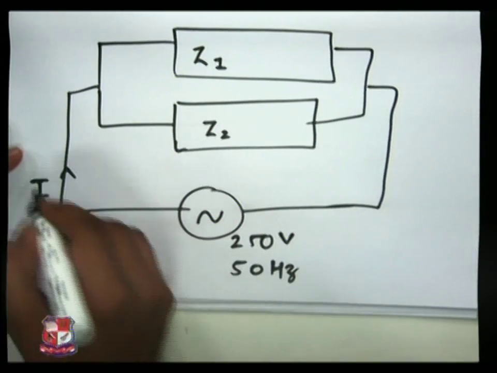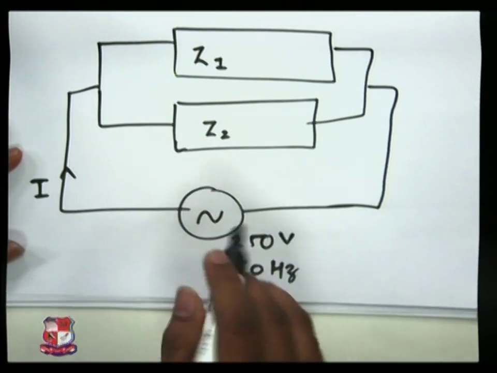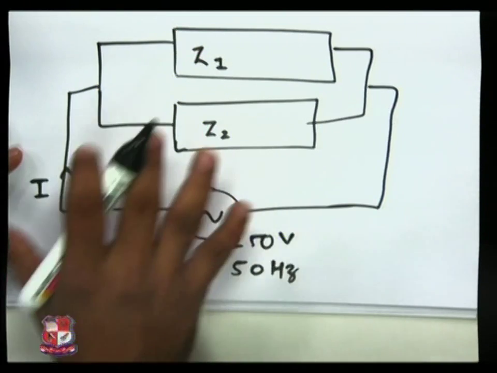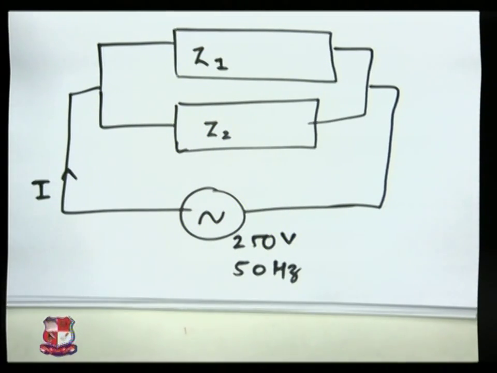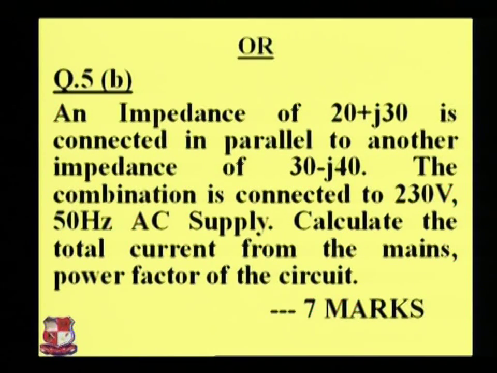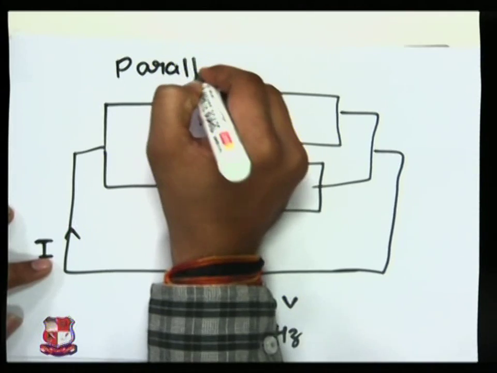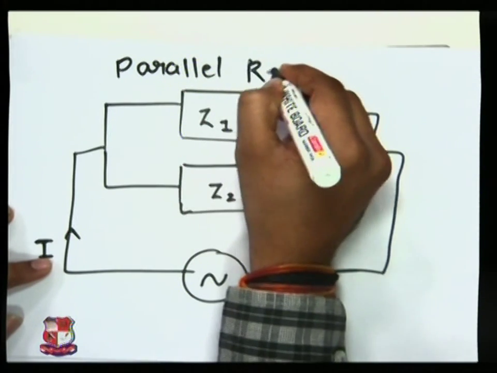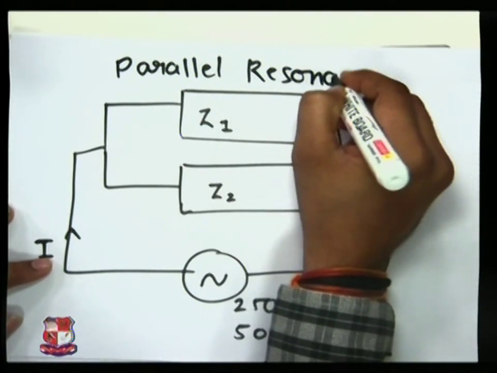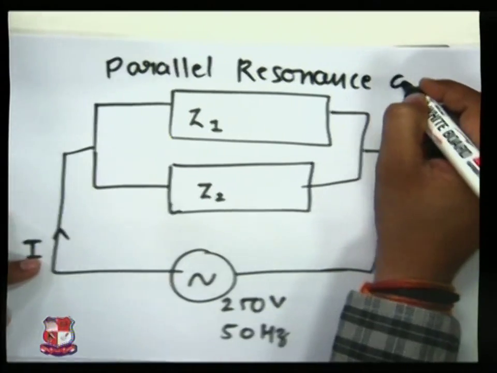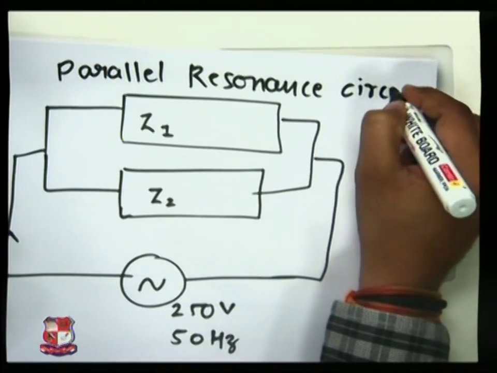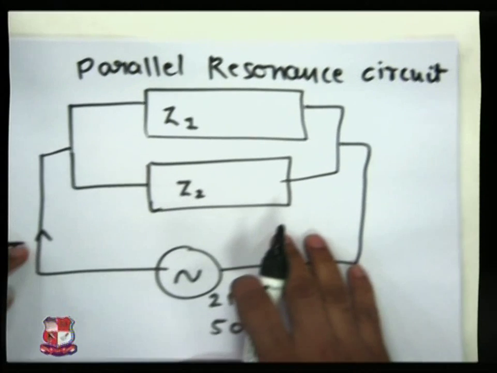Ultimately our goal is to find the current and the power factor for that particular circuit. This is a parallel resonance circuit.